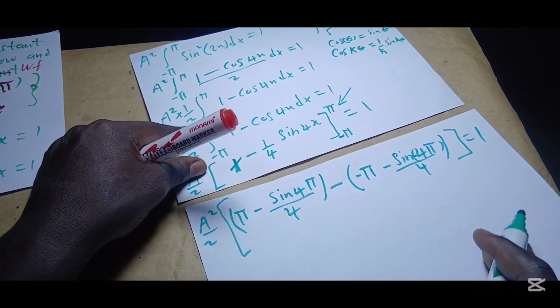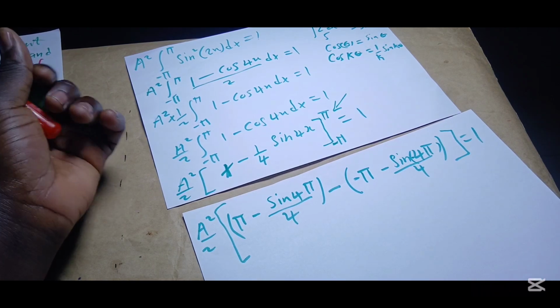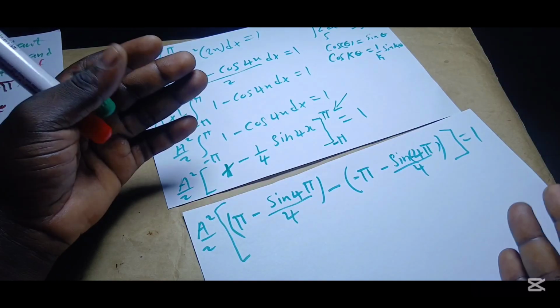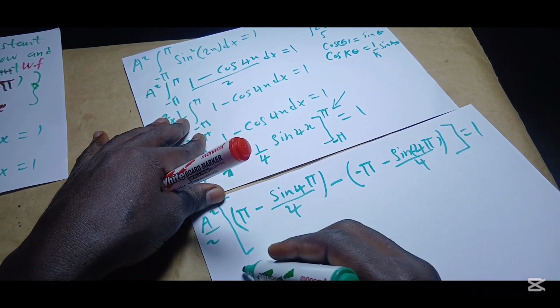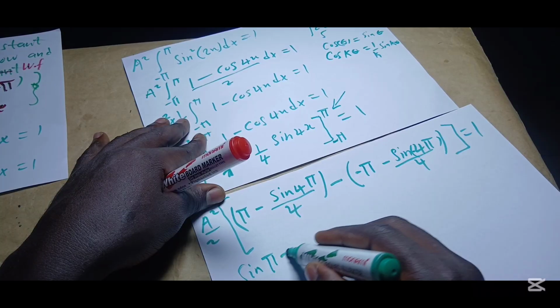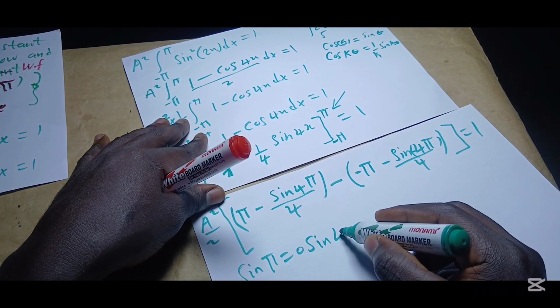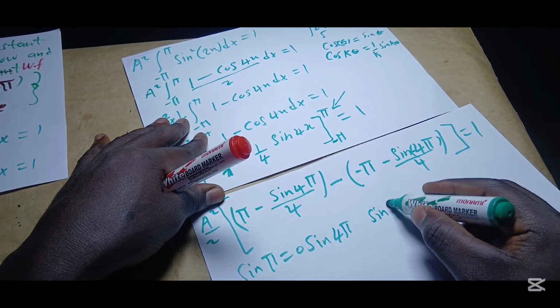So another identity that you need to know, because solving problems like this usually involves trig, sine or cos, just know the simple identities and you'll be good to go. So we know that anytime you see sine pi, it gives you 0. Sine of a constant times pi, sine anything by pi basically gives you 0.